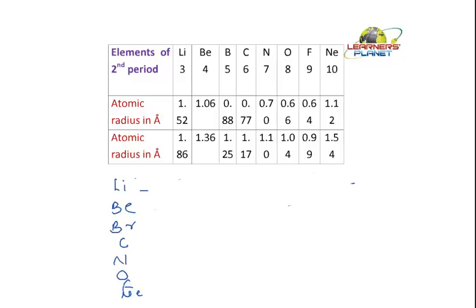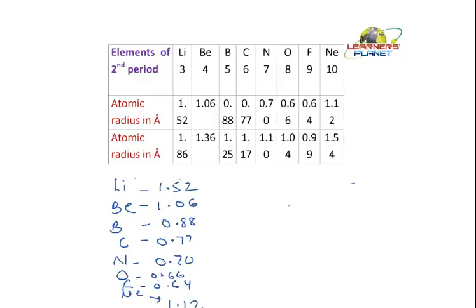So your lithium here is 1.52, beryllium is 1.06, boron is 0.88, carbon is 0.77, nitrogen is 0.70, oxygen is 0.66, fluorine is 0.64, and neon is 1.12.